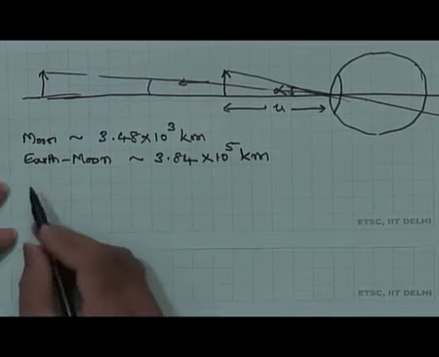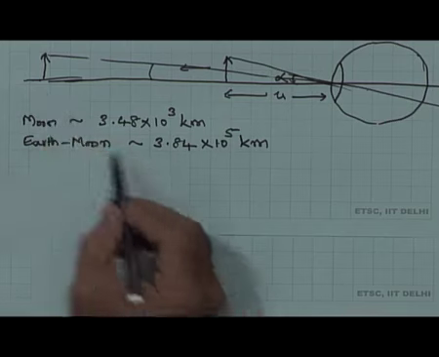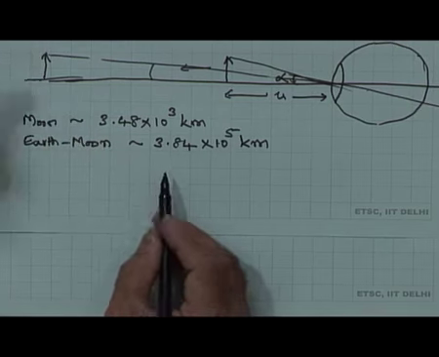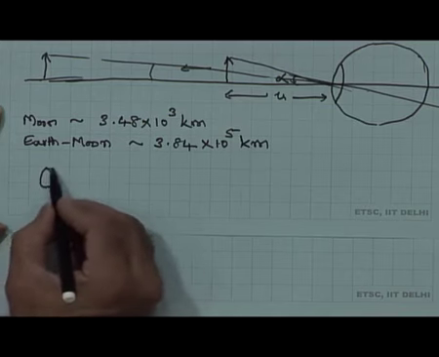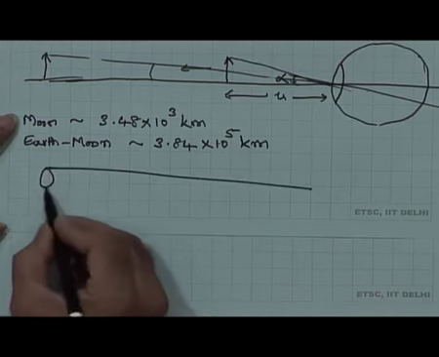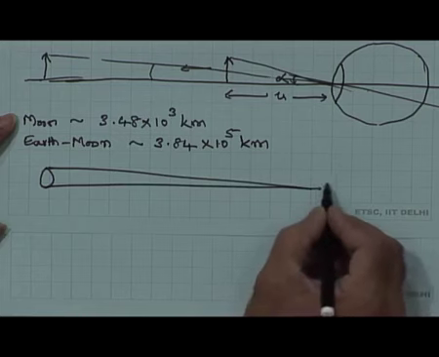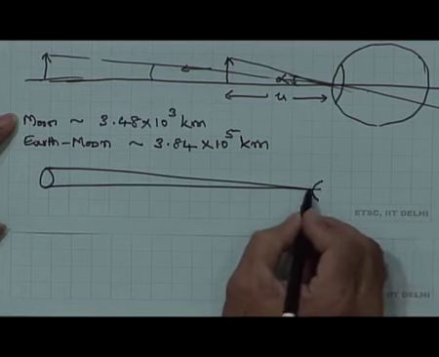Now, the size here, the diameter. So, we have a situation. So, here is the moon, and here is the earth and an observer is here.